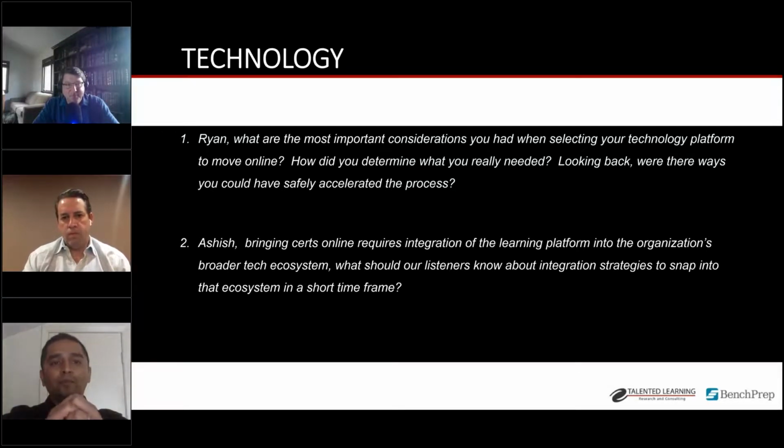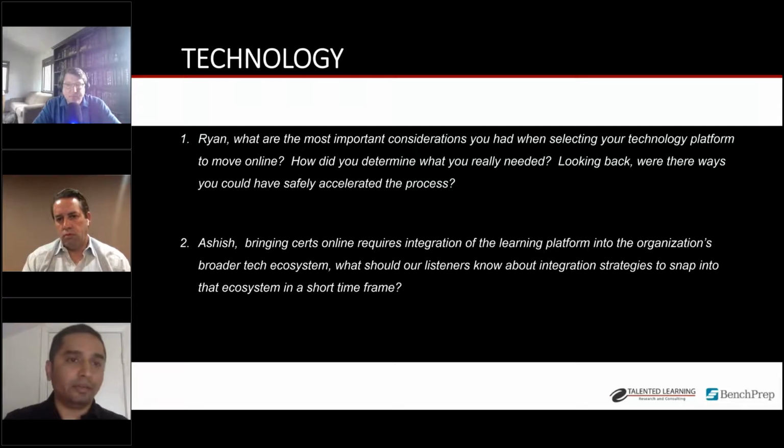The learning platform sits squarely in the middle of it, but then there are the sales and marketing engines, the CRMs and marketing automations. There are the business process and business operations systems. There are the identity management systems, and then business intelligence, if you will. And all in all, the learning platform has to be very well integrated with all of this right out of the gate. In today's world, where everything has to be stackable, not being able to integrate out of the box is just not an option.